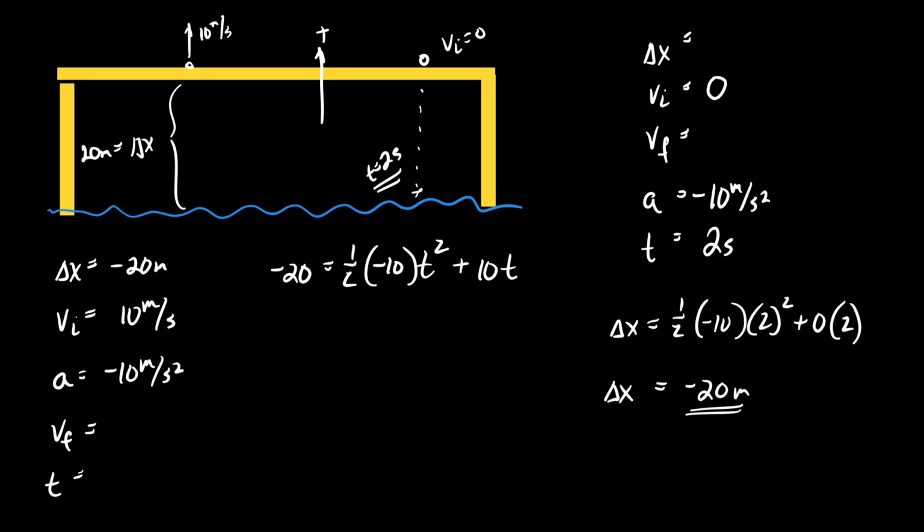So looking closely at this, I'm going to get 0 equals -5t squared plus 10 times t minus 20. Divide by -5, and 0 equals t squared minus 2t plus 4.